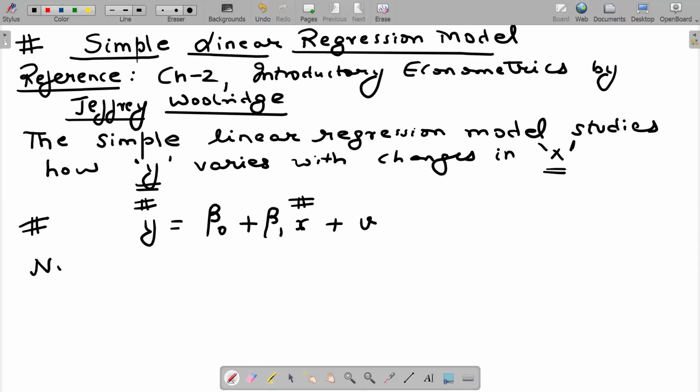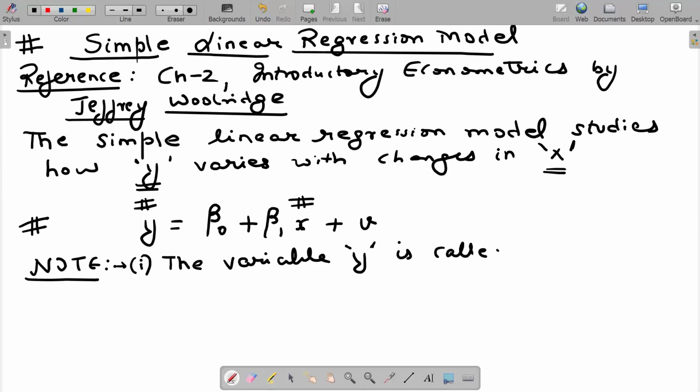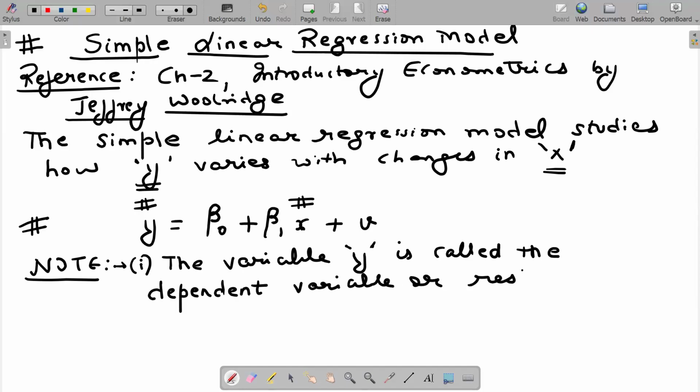I can write a note. This is the first point within the note: the variable y is called the dependent variable or the response variable. We are going to check the response of y to the variable x.